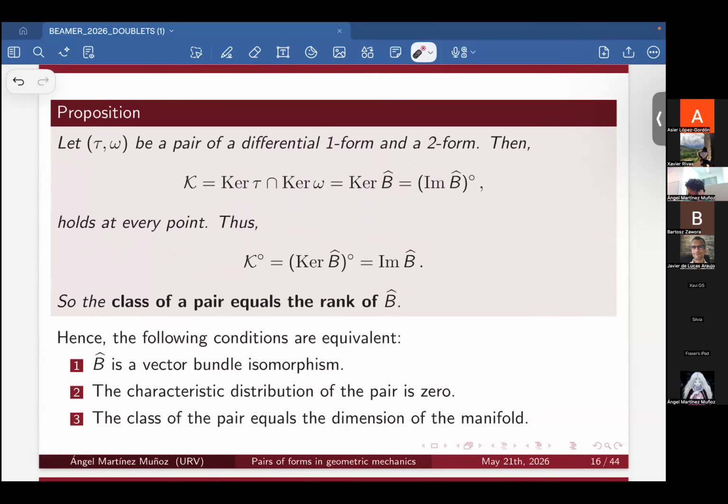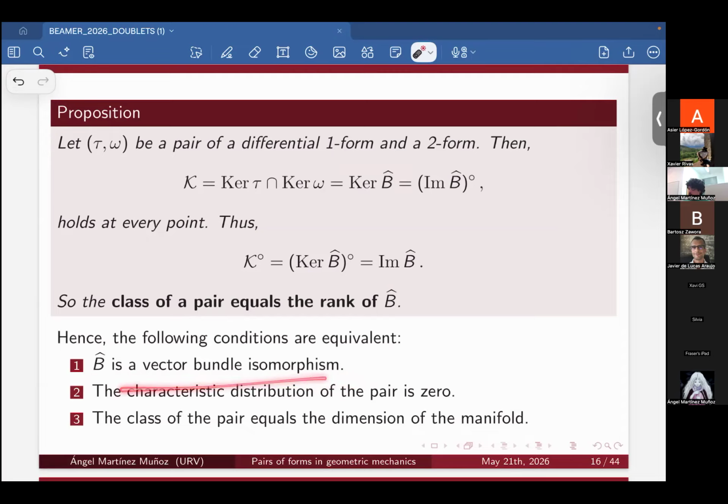And then this also proves the following conditions. Basically, if you want B to be an isomorphism, which is the case that we have in most geometries, you will see later in the examples that the cases most relevant in the literature are those in which this is a vector bundle isomorphism.